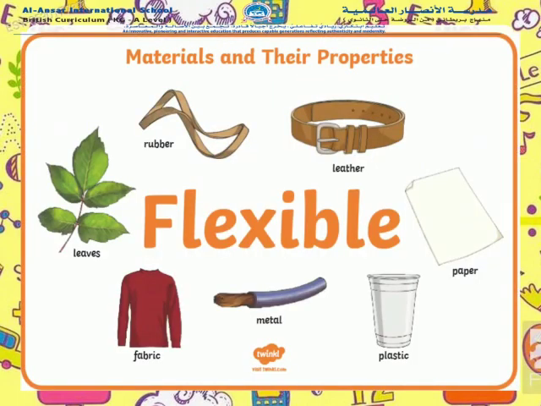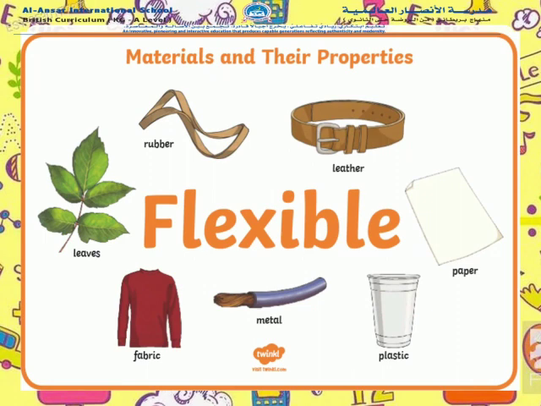Now we have the next one, flexible. Some things are flexible, like a rubber band, this leather belt, paper, this plastic disposable cup. Some metal wires are also flexible. Fabric, a t-shirt, a leaf.